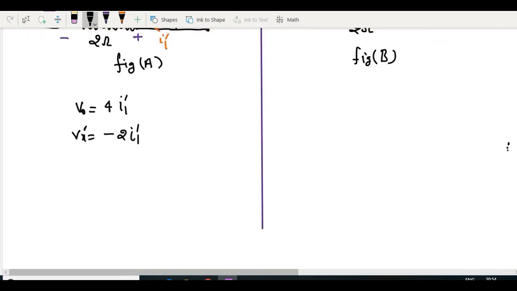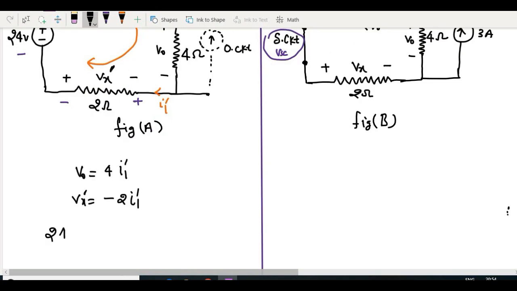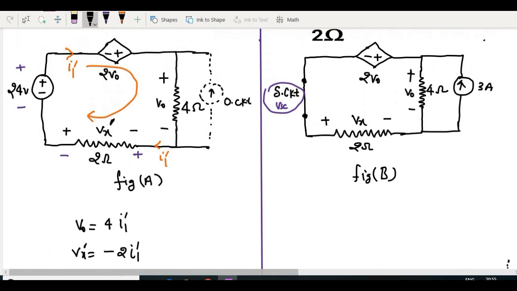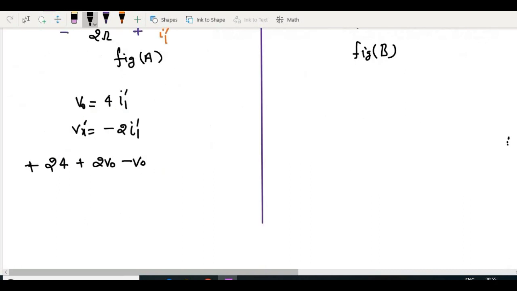Applying the KVL in this loop with the upper polarity: 24 plus 2 Vo minus Vo, because the current is going from plus to minus, plus Vx dash is equal to 0.